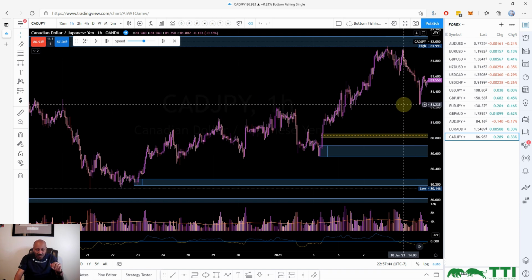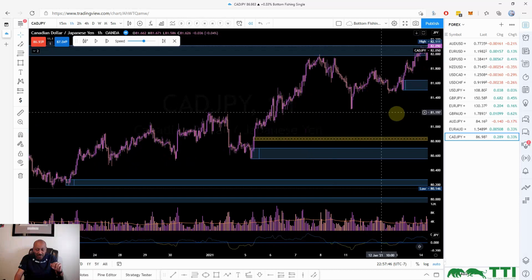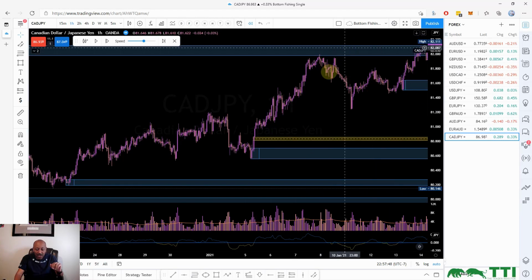But if we have a belief that we want to enter short somewhere up here, it doesn't matter where, this could be our first, second, third target, depending on how far away we are when we took that position.